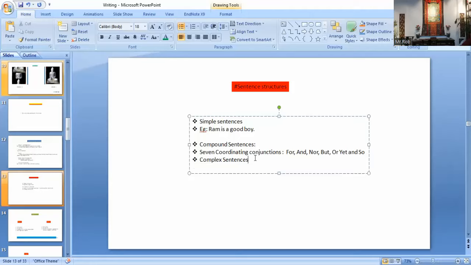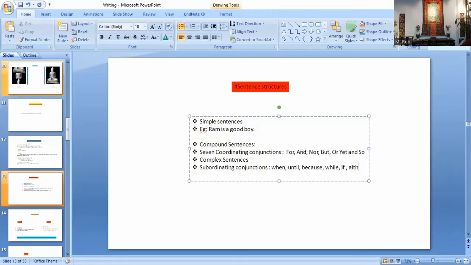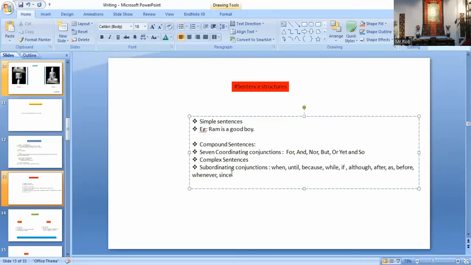For complex sentences, you can use certain subordinating conjunctions: because, while, if, although, after, as, before, whenever, wherever, since, never, and whereas.